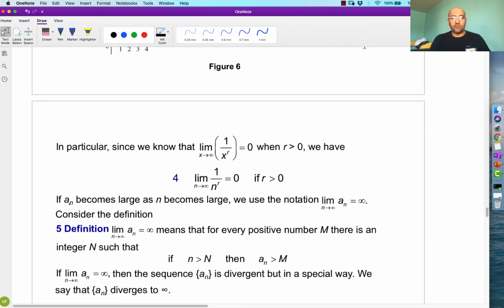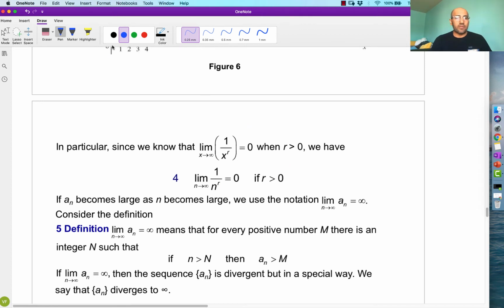So the limit as n goes to infinity of 1 over n to the r power also equals 0 if r is strictly greater than 0. Right? So again, the difference is that here x is a real number, whereas here n is just counting numbers. And remember, r is any number that's strictly greater than 0.